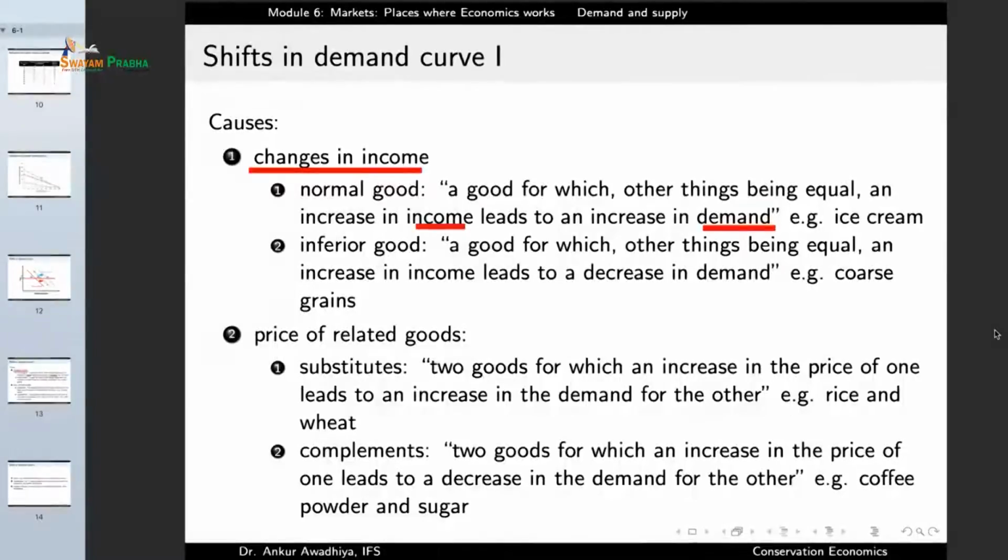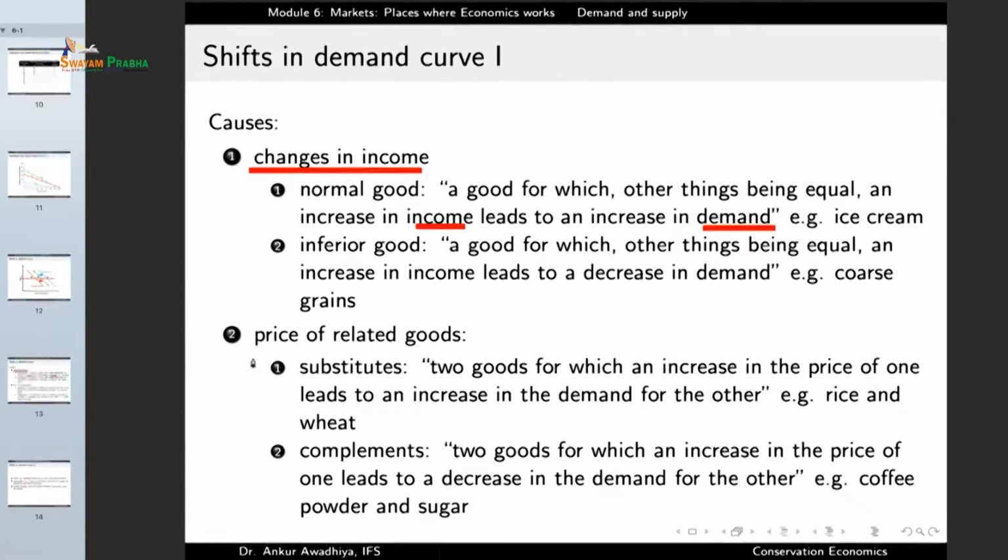Suppose the price of the ice cream was 20 rupees. Here again, if you have an increased income, you will ask for more ice cream. So it does not matter what the price of the ice cream was. Other things being equal, an increase in income leads to an increased demand at any price. So this will shift the demand curve. If people have more income, the demand curve will shift towards the right. If people have a reduced income, the demand curve will shift towards the left for normal goods.